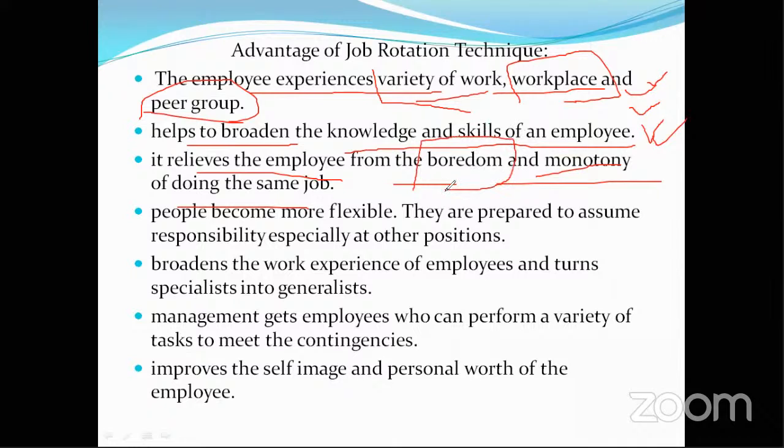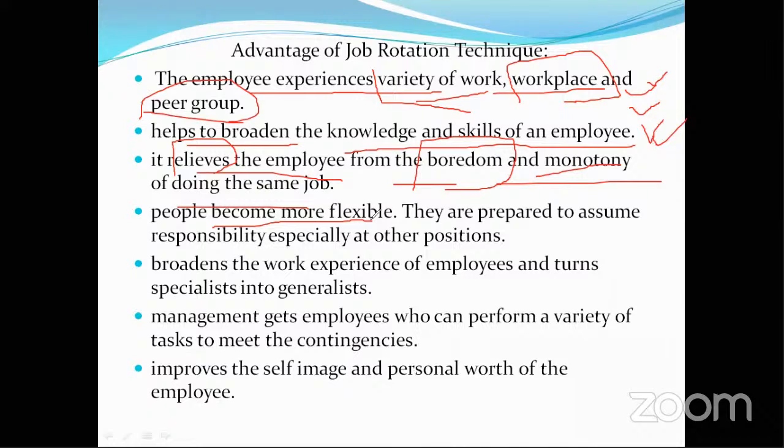So it will relieve employees from boredom. So people become more flexible. Flexible means we can be ready to do different kinds of tasks. Suppose there is a person who is unable to drive a van, but he can drive a bus.